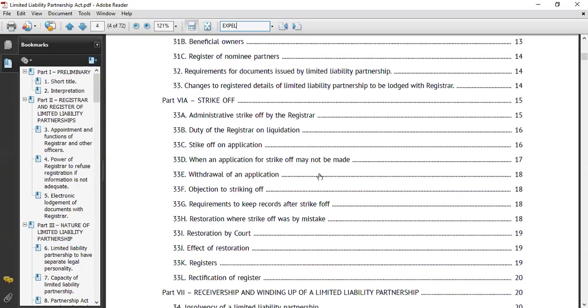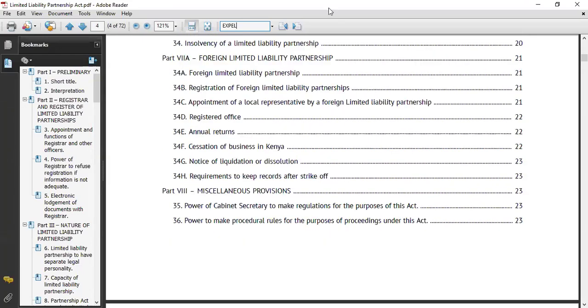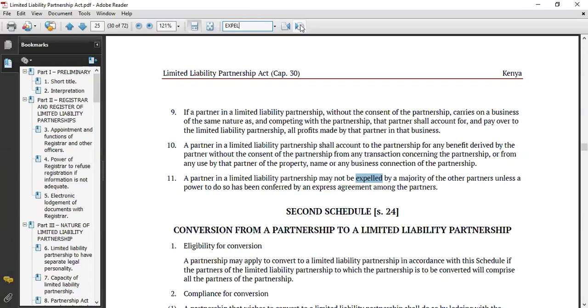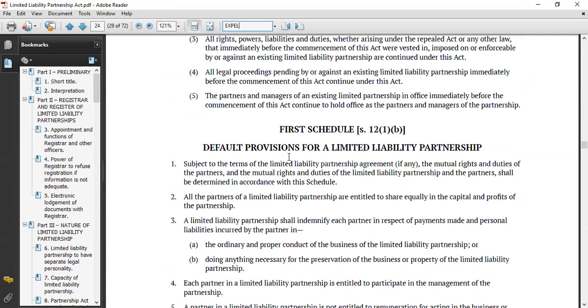So I'm on page 30. A page that you have seen? No. First schedule. You can search first schedule. So let me check first schedule.